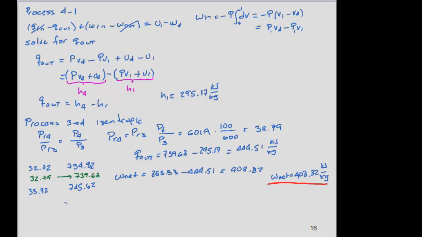And finally, the efficiency will be this net work divided by Q in, and this Q in is 853.33, and this relation is 0.4791. So in terms of percentage, we can say that this is 47.91% for the thermal efficiency.